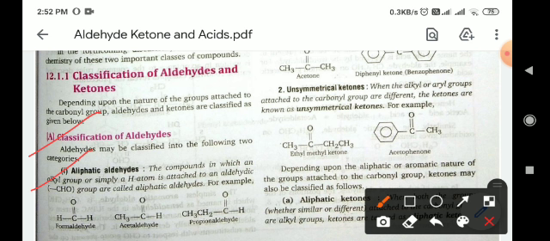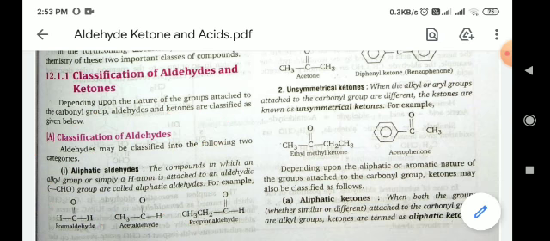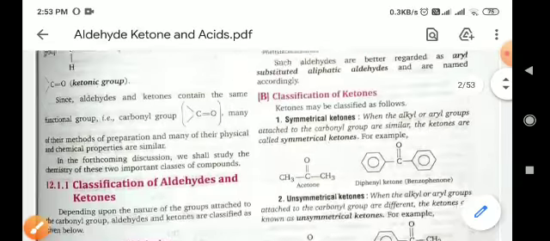For example, formaldehyde. In aliphatic aldehydes there will be a carbon chain present, no benzene ring. CH3CHO, CH3CH2CHO. Here at the place of R there can be any carbon chain, and these are known as aliphatic aldehydes.